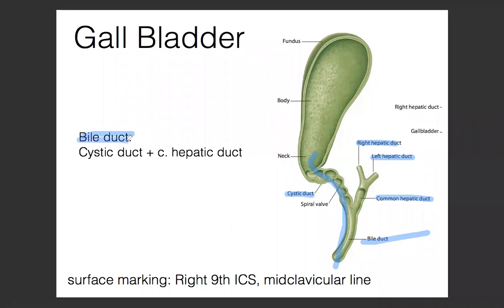The bile duct that goes to the small intestine or duodenum is a mixture of the cystic duct plus the common hepatic duct which comes from the liver. Got it?